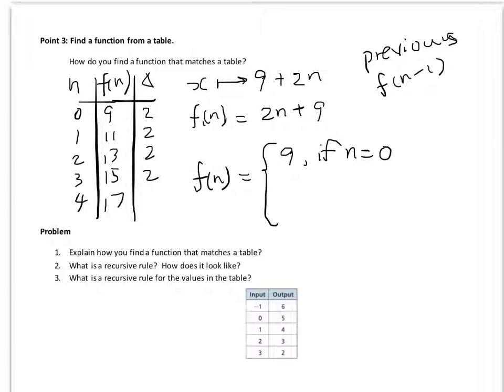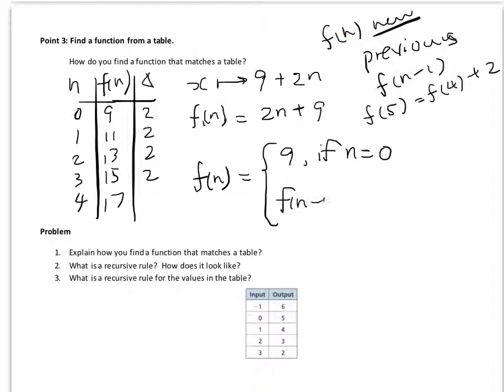So f of n is the new output. If you want to find out f of 5, you look at f of 4, and then you add 2 to it. And this is always 1 less than whatever you have. So you're going to write f of n minus 1 plus 2 if n is greater than 0.